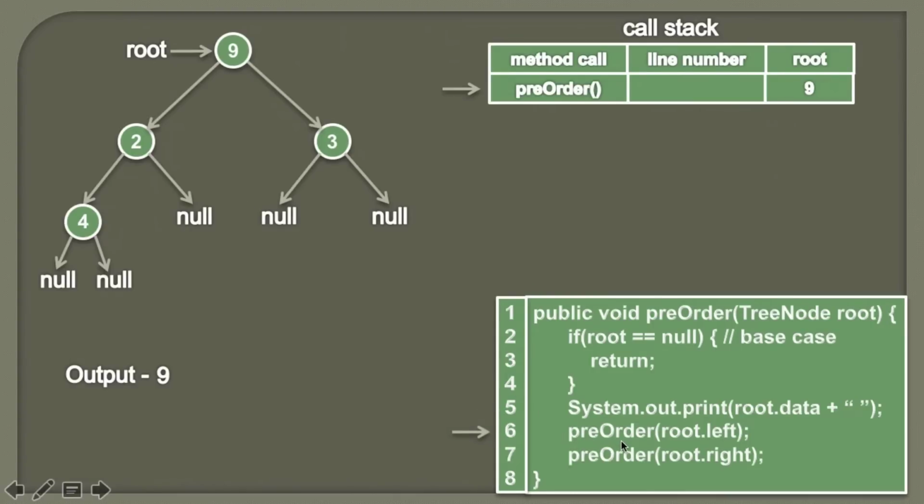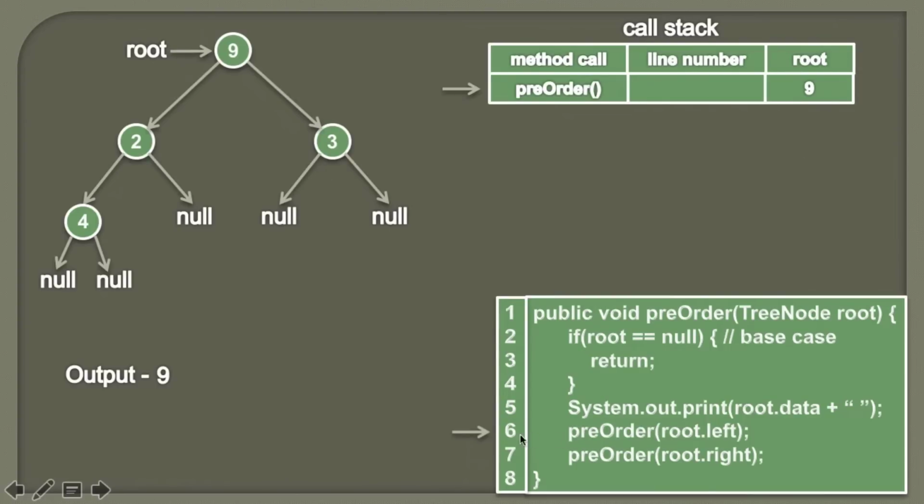So now we are calling the pre-order method to traverse the left subtree for this root. So the value we are passing to this pre-order is root left. So currently you see root left is pointing to the node having data as 2. And as we are maintaining this call stack, when we call this pre-order method, we'll keep the track of the line numbers, so that once we return back, we know from which line we need to execute the method.